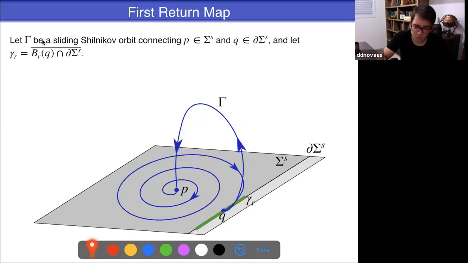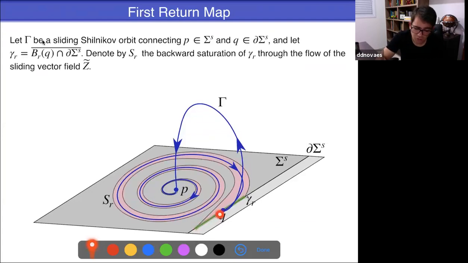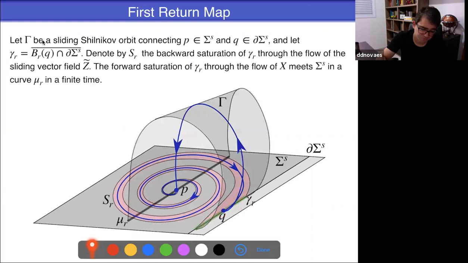Since the backward trajectory through the sliding vector field of these points converges asymptotically to P, we can take gamma r sufficiently small in order that all this neighborhood also converges asymptotically to P. Okay, and since the forward trajectory of Q through the vector field of X reaches the sliding region transversally, we can take R smaller if necessary, in order that the forward flow of all this neighborhood reaches the sliding region transversally.